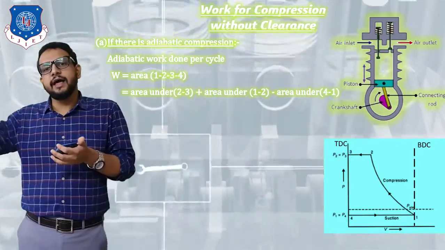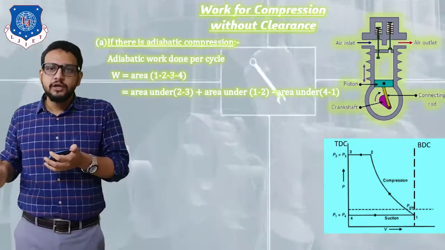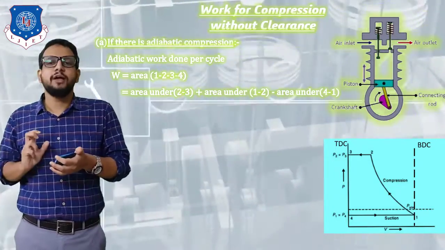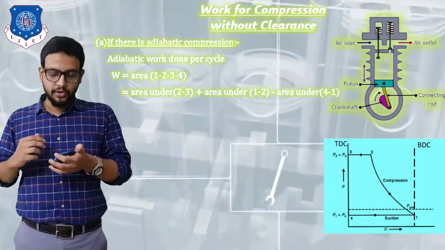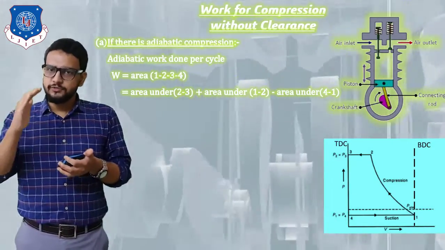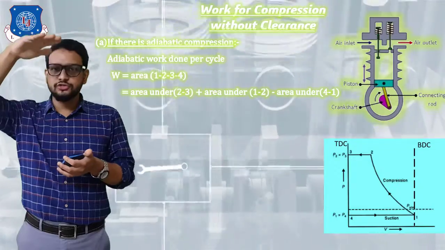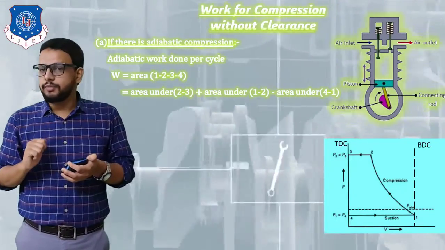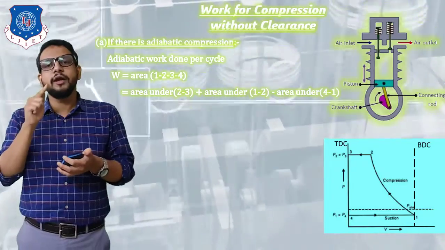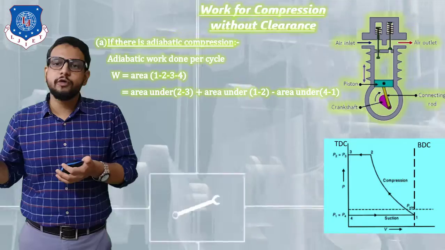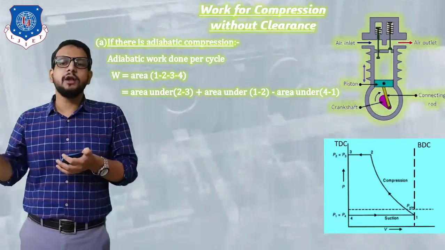On the other side I have shown the bottom dead center, which is the volume covered by the piston during its stroke. Considering our first stroke in this without clearance case, the suction stroke moving from TDC to BDC, I have represented on the PV diagram from point 4 to point 1, representing the suction stroke or motion from TDC to BDC. Point 1 is achieved.